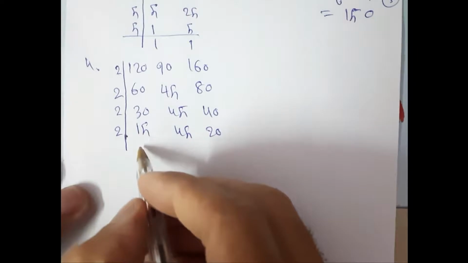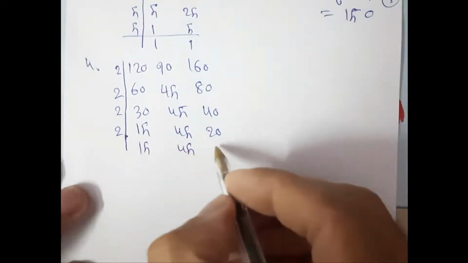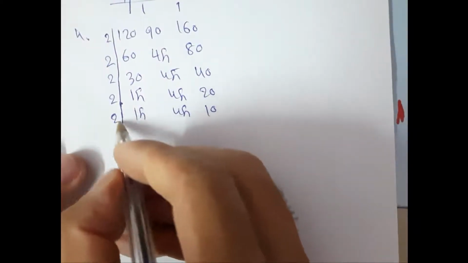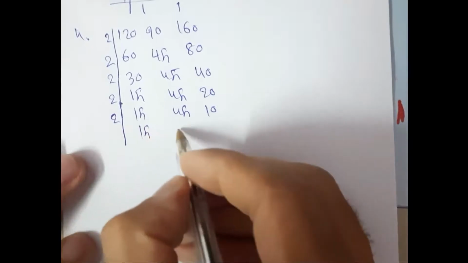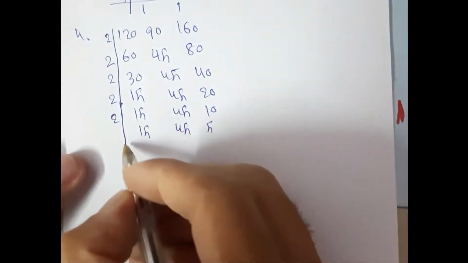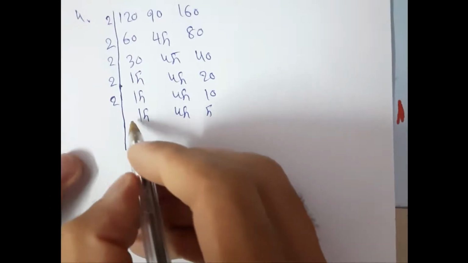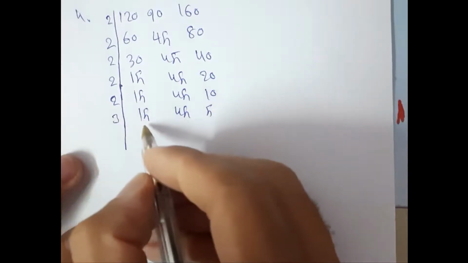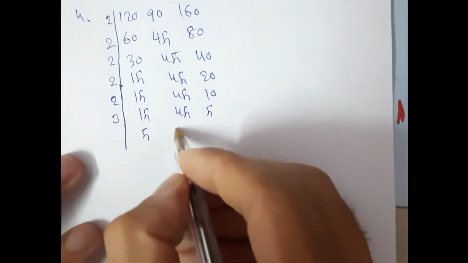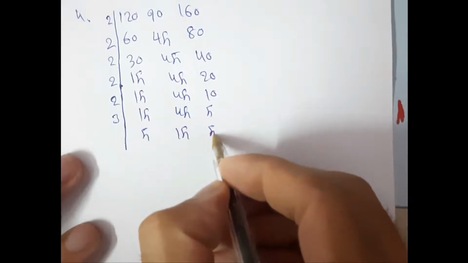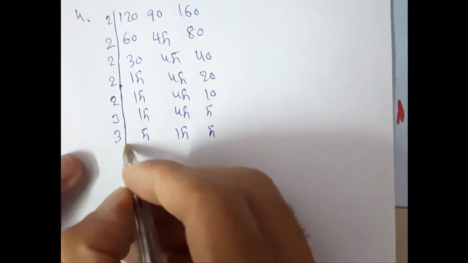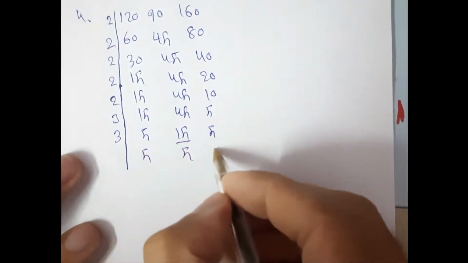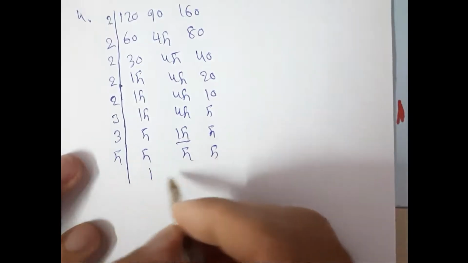Again divisible by 2, 15, 45, 10. Also here we have 10 divisible by 2, 15, 45, 5. Now here they are divisible by 3, 15 and 45. By 3, 5, 15, 5. Also divisible by 3 because of this 15. 5, 5, 5. All of them are divisible by 5.